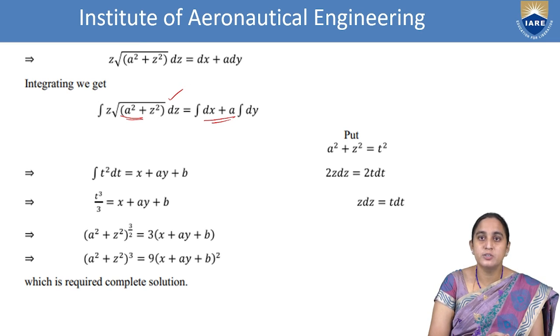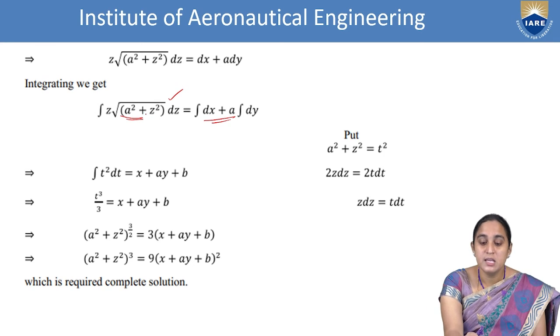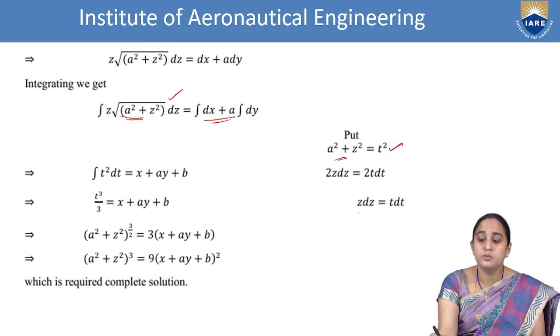That's why first I'll reduce that. I'll assume here a square plus z square is equal to t square. Then differentiate with respect to z: a square is 0, z square differentiation is 2z, and t square differentiation is 2t into dt by dz.